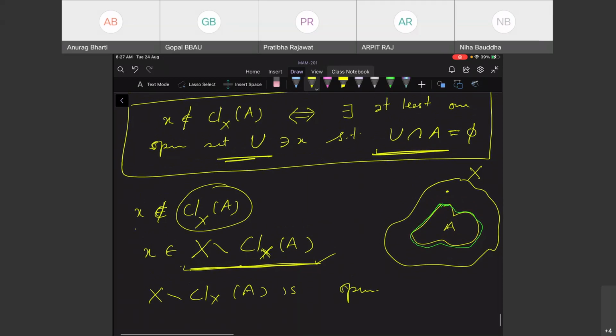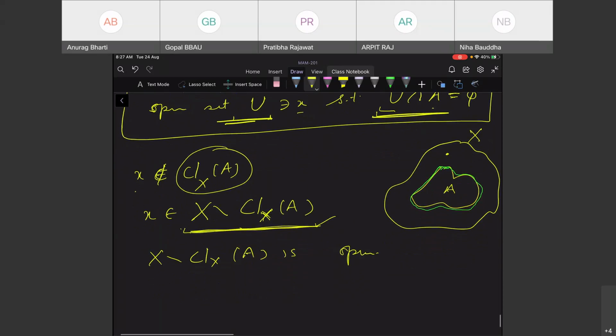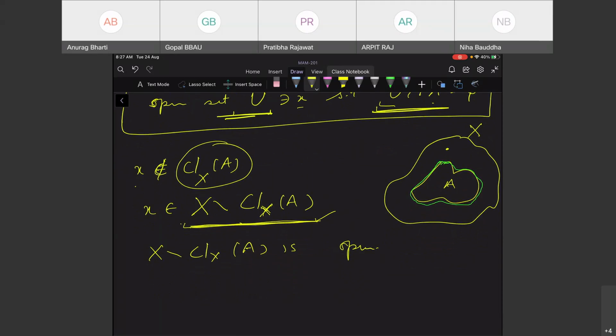We wanted to prove the existence of an open set U containing X such that U intersection A is empty. So from here, X minus closure of A intersection A is an empty set. Why?